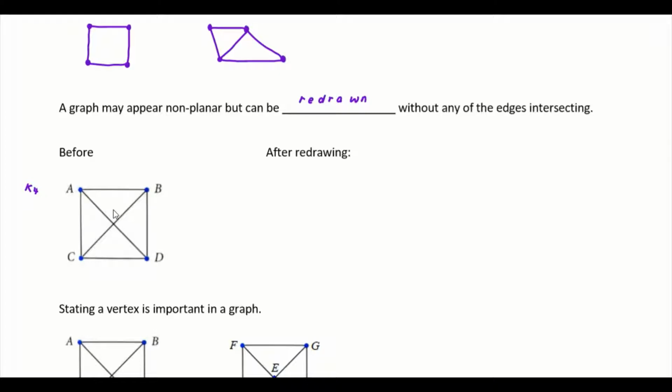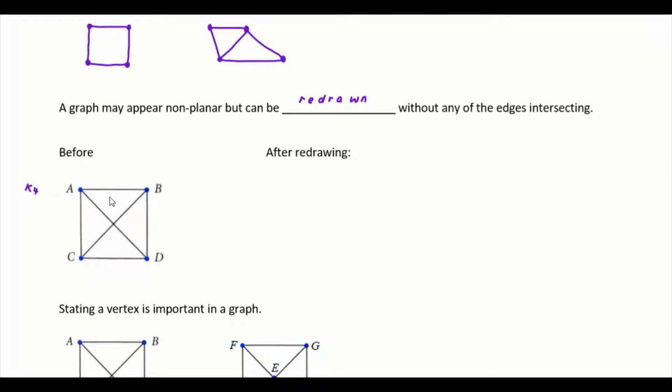The edge AD is like one wire connecting A to D. Then the edge from B to C is like another wire connecting these two plugs. So obviously they will be overlapping each other. You can imagine BC is at the bottom, then AD is at the top, overlapping each other like these two wires. So that's why this appears as non-planar.